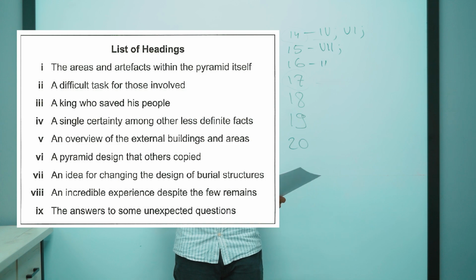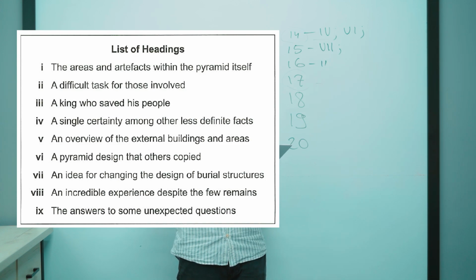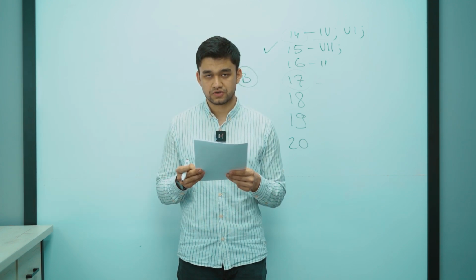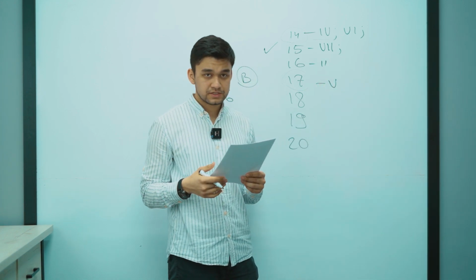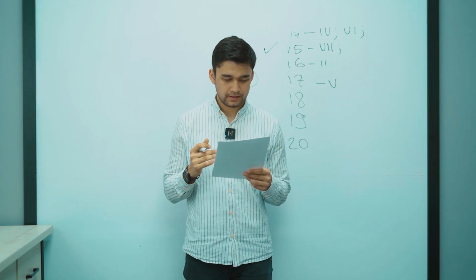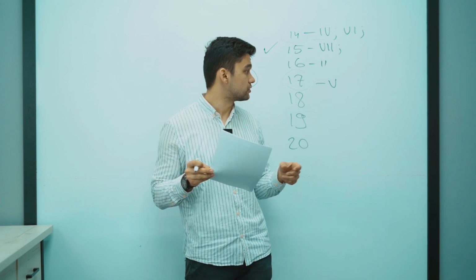External is something that is outside. So we didn't read about within the pyramid itself, we read about outside areas. So from here, it can be understood that the answer is 100% 5. Continue, we'll still read the remaining in order to make sure that this is 5.